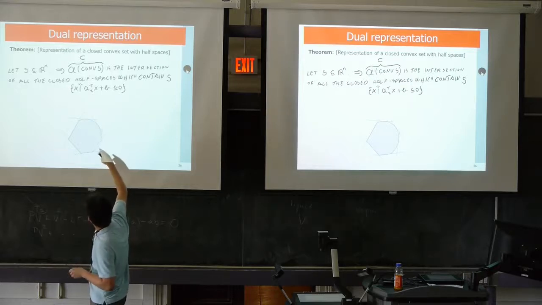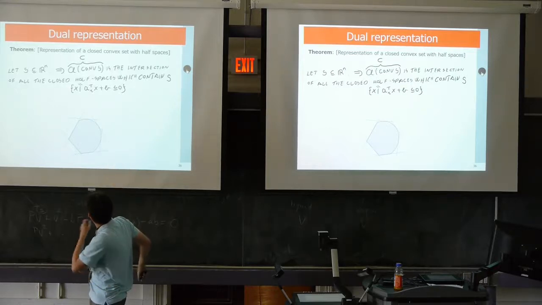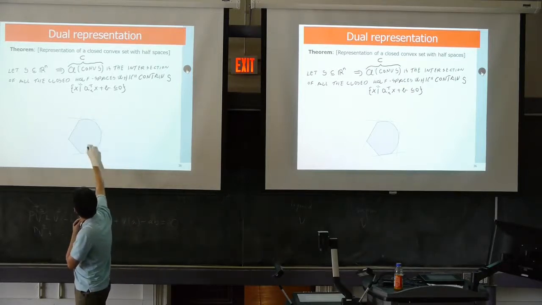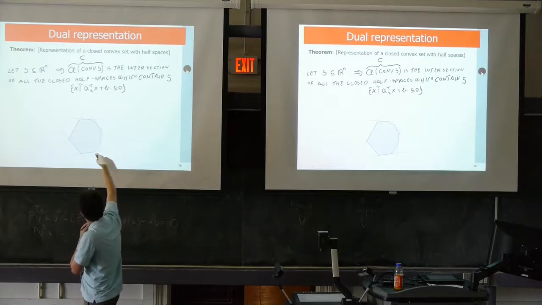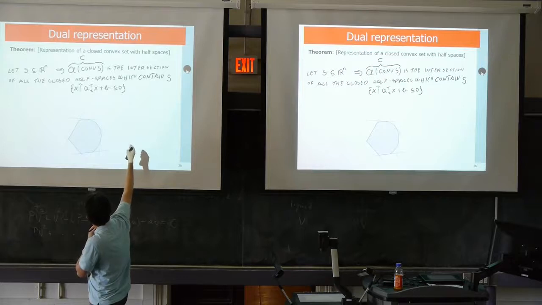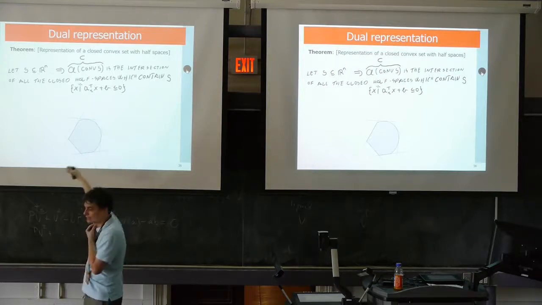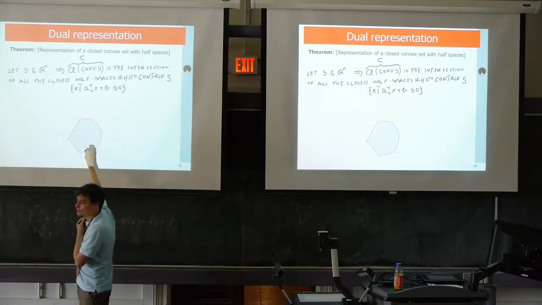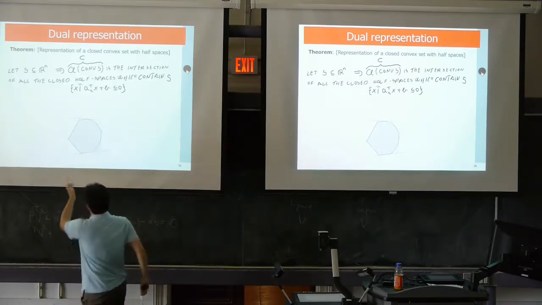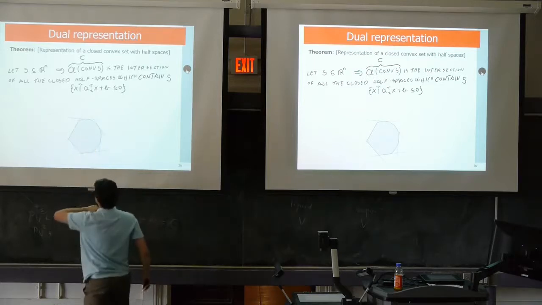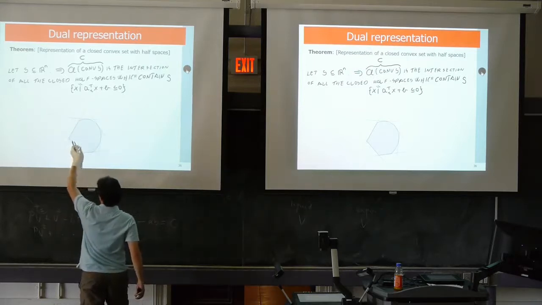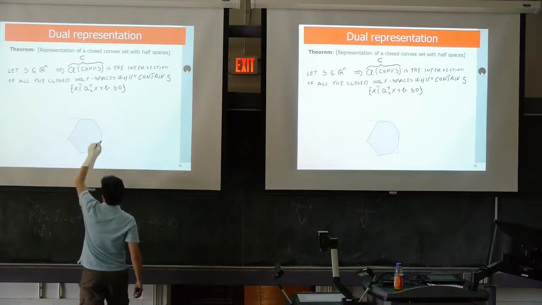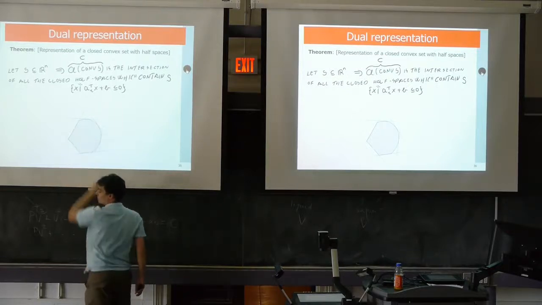And then again, we define the closure of its convex hull, C. And now we can prove that this set C is the intersection of all those closed half spaces that contain S. Okay, so we have this convex set here, and this convex set C is just the intersection of all these half spaces that contain the set.